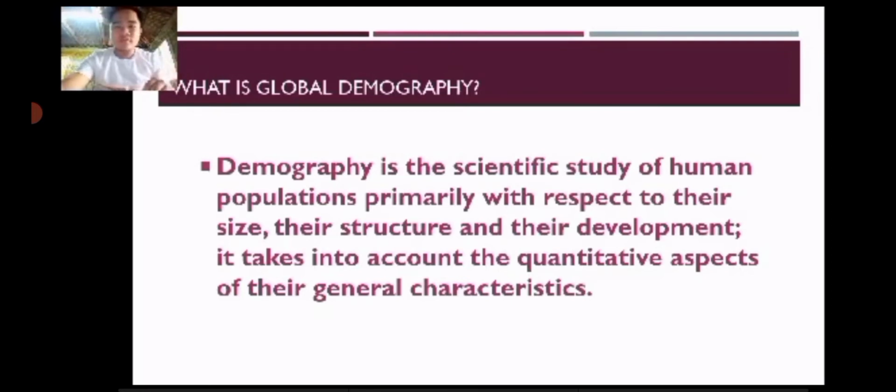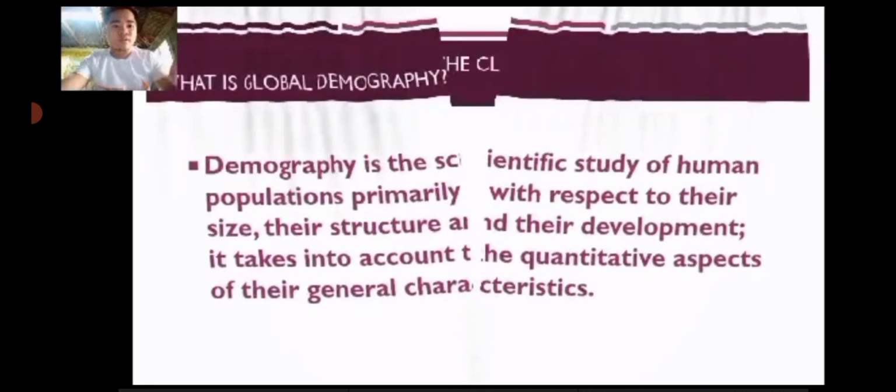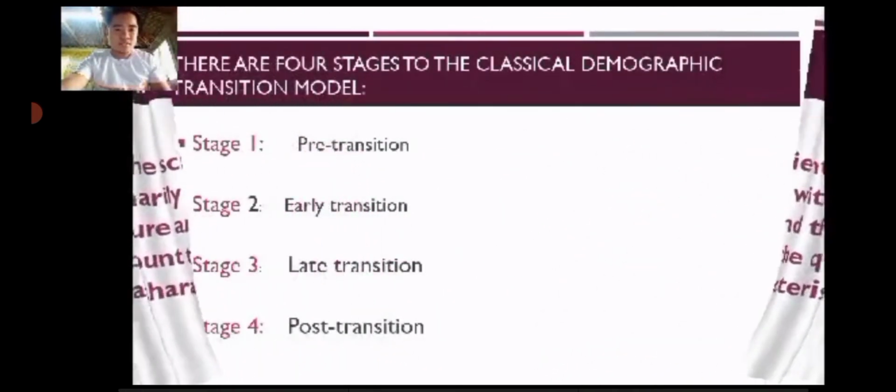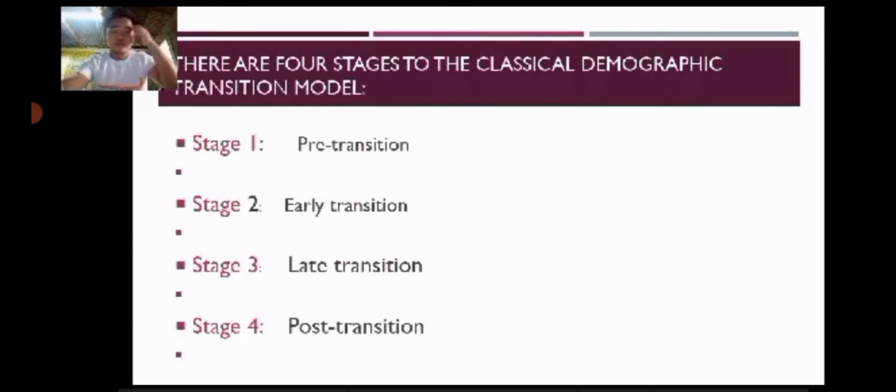So there are 4 stages of the classical demographic transition model. The first stage is the pre-transition. Stage 2 is early transition. Stage 3 is late transition, and the last one is stage 4, post-transition.